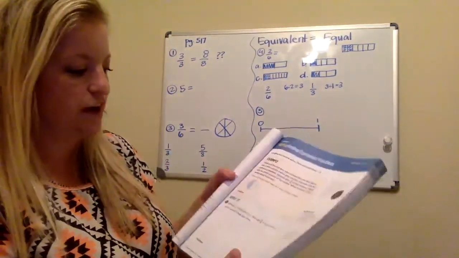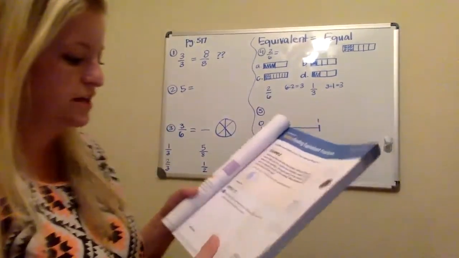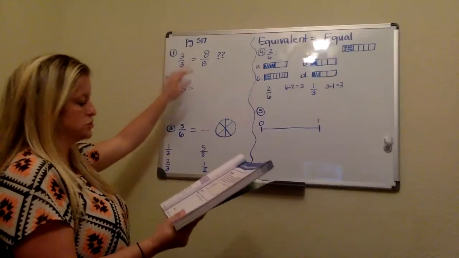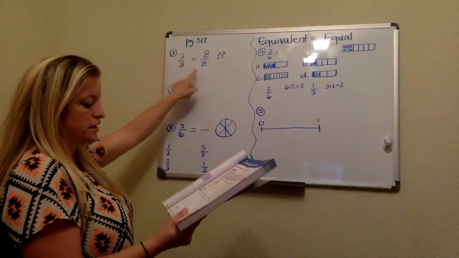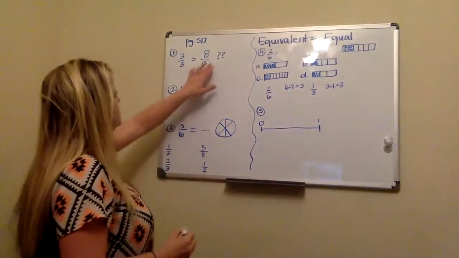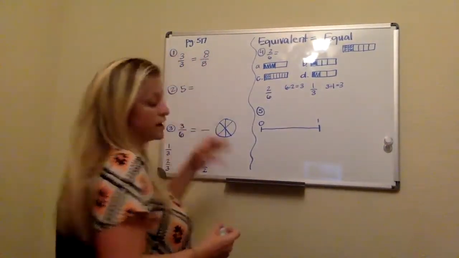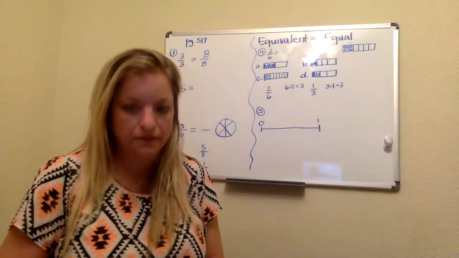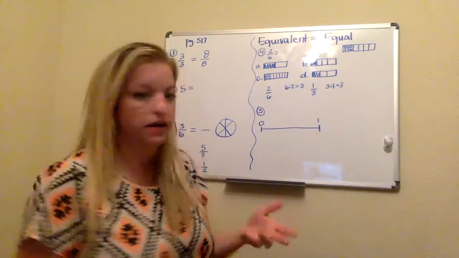So on page 517, it says up here, Matt says that 3/3 is equivalent to 1. Elisa says 8/8 is equivalent to 1. Who's correct? So I'll give you a minute to think about that. Well, they're both correct.